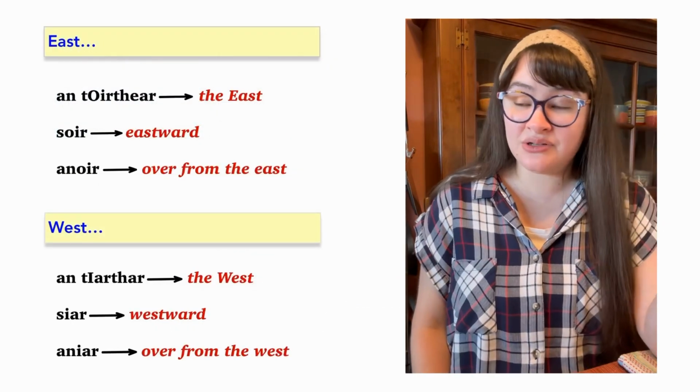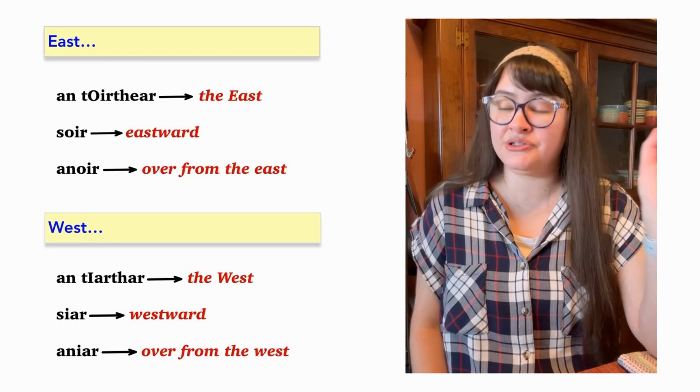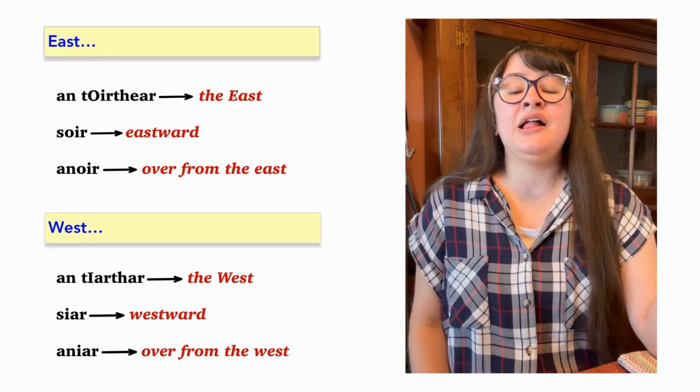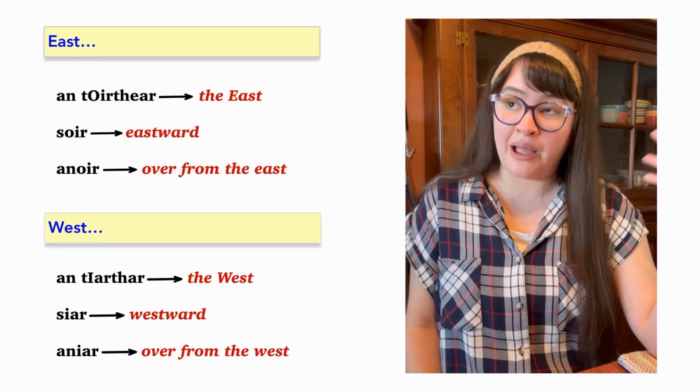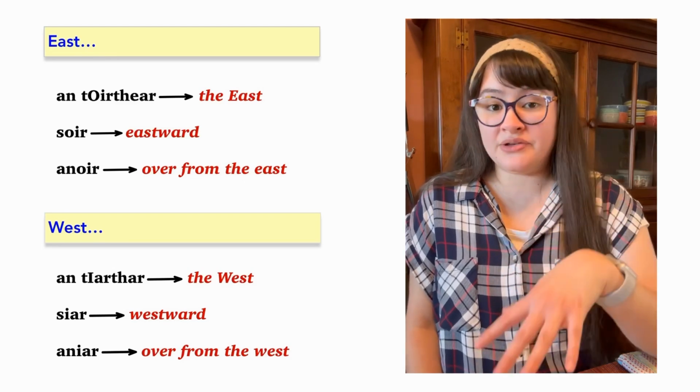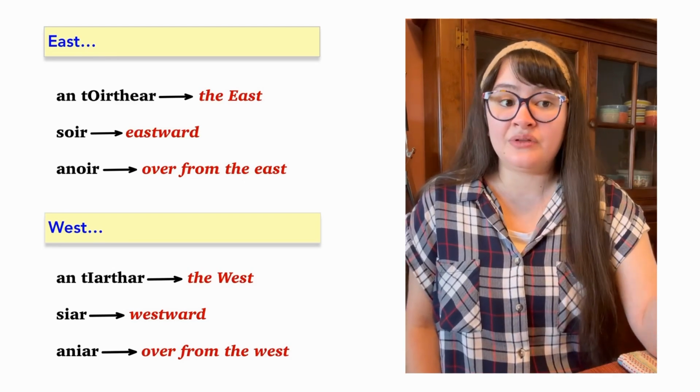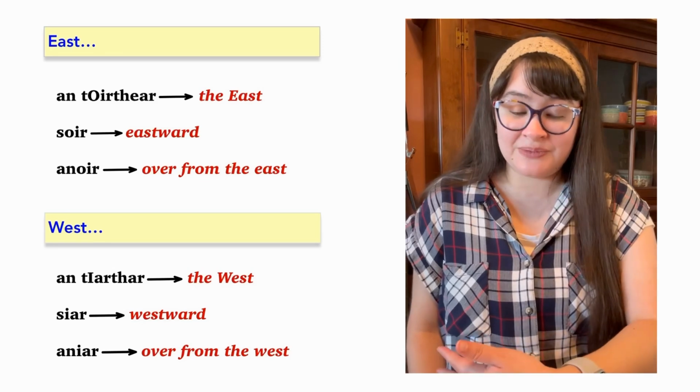Now for east. Before I read these words, let me just pre-tell y'all that I'm pronouncing these as my best attempt at a West Gweedore way. Gweedore is in the Ulster dialect.